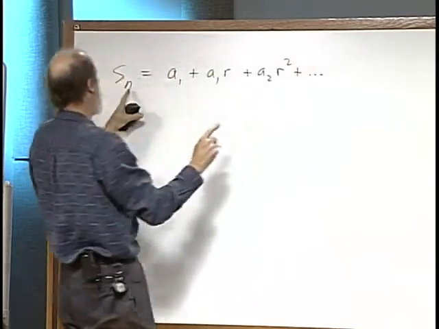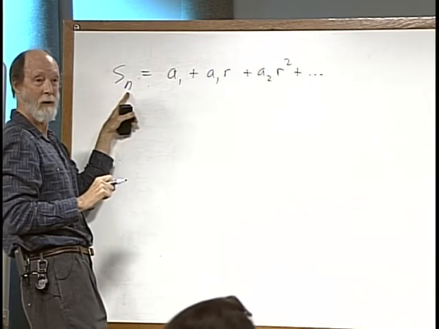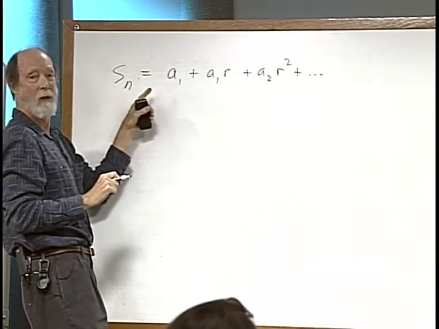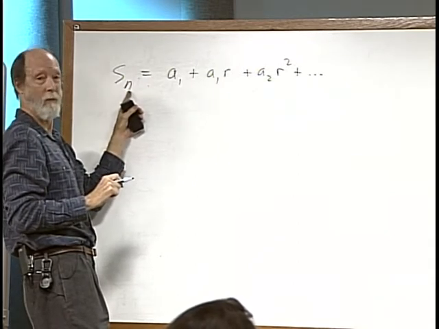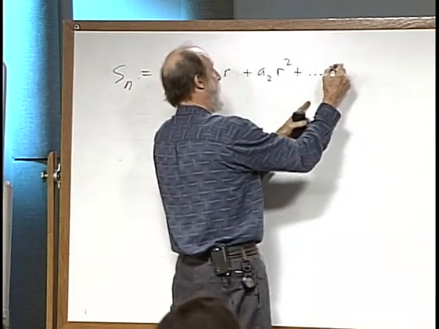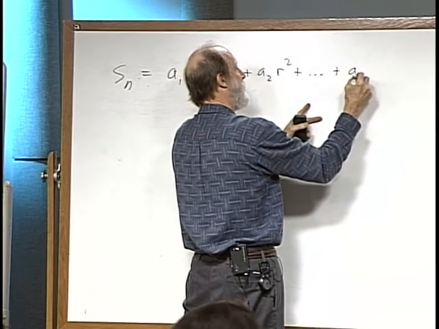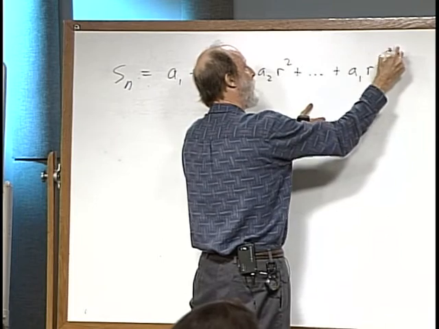And that keeps going until I get to that nth term. Partial sum means the sum of the first n terms of the sequence we have. So when I get out here near the end, at my nth term, I'm going to have the first term and my common ratio to the n minus 1 power.